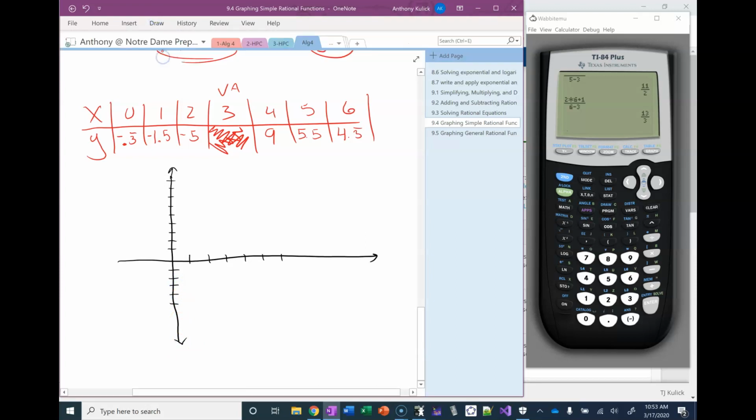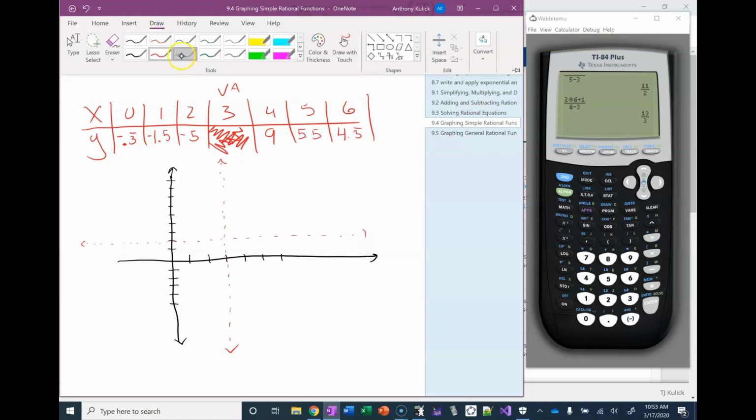And again, I'll draw in my asymptote. So my vertical asymptote was at x equals 3. So we're going right down through 3. And my horizontal asymptote was at y equals 2. So go on right there through 2.